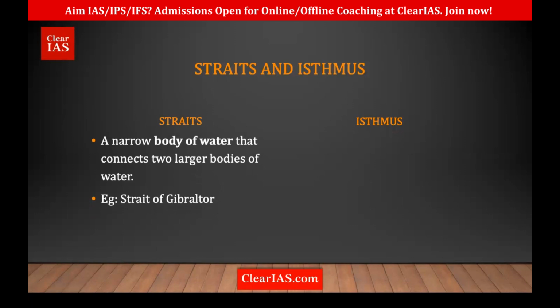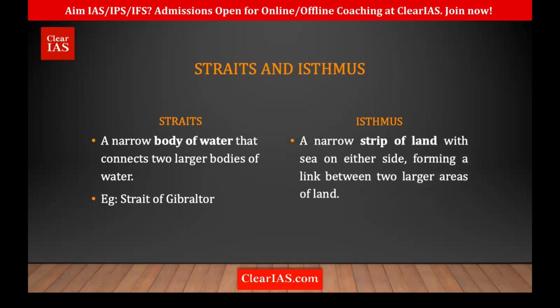We'll see the details, like more examples. First, just understand this concept. Then we have the isthmus. We told straits are between two bodies of water and it is a narrow body of water. But what is isthmus? It is actually a narrow strip of land.